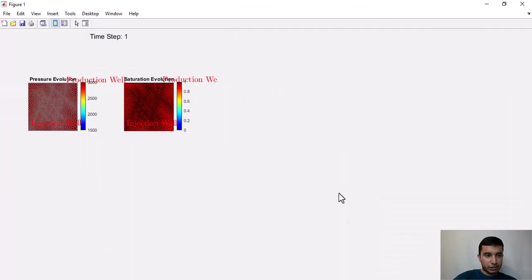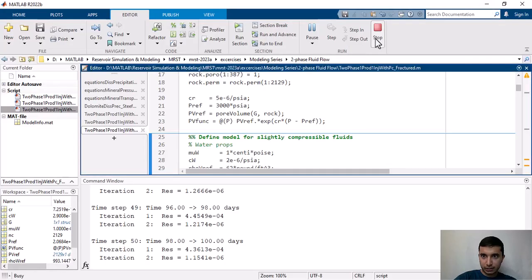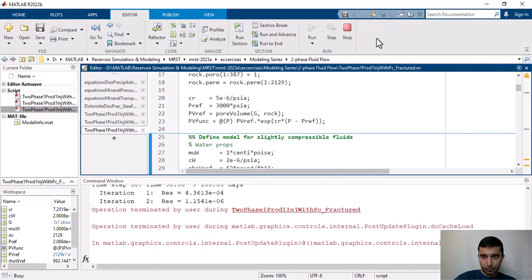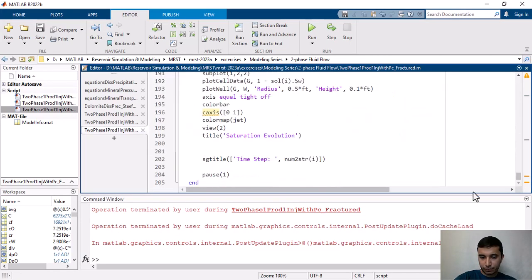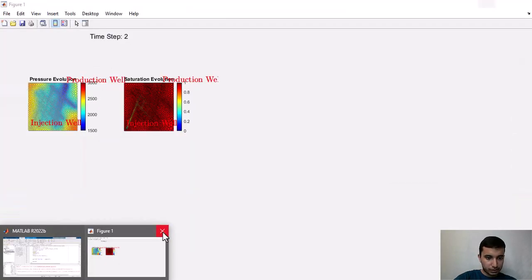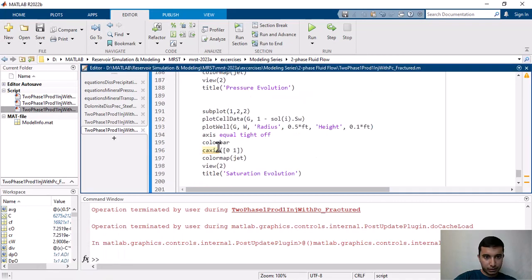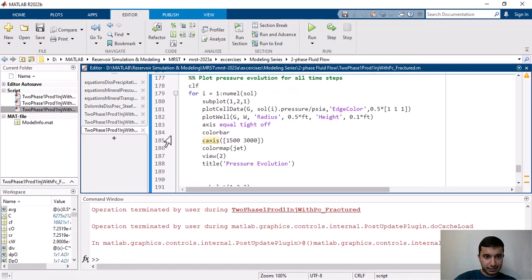The water is injected through this cell. We encountered a problem again. Let's stop it and run the last section of the code again to see those axes more beautifully.